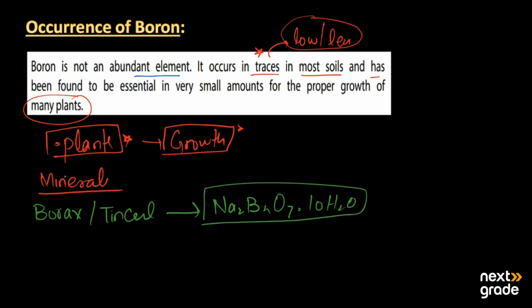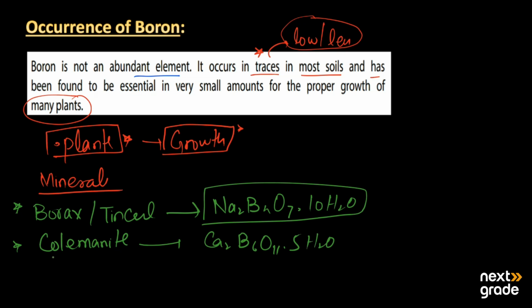It is mainly a mineral of boron. Next we have colemanite. It is also a mineral of boron, containing calcium along with boron and oxygen, and it also has water of crystallization along with that.